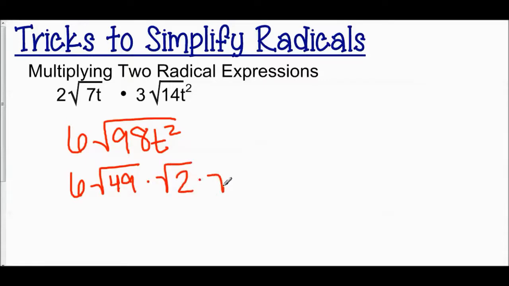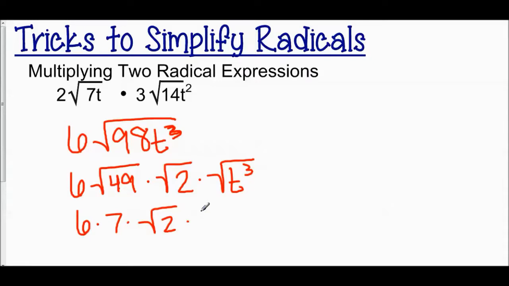And then I'm going to have the square root of, and actually that should be t to the third. So square root of 49 is 7. So I'm going to pull that out over here, and I'm going to have 6 times 7 times square root of 2, because that cannot be simplified. Now t to the third, think about what we did before. If I'm taking the square root of t to the third, that's like I'm dividing the exponent 3 in half, which is 1.5.